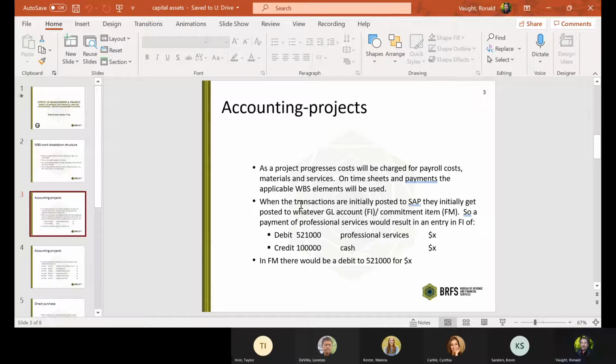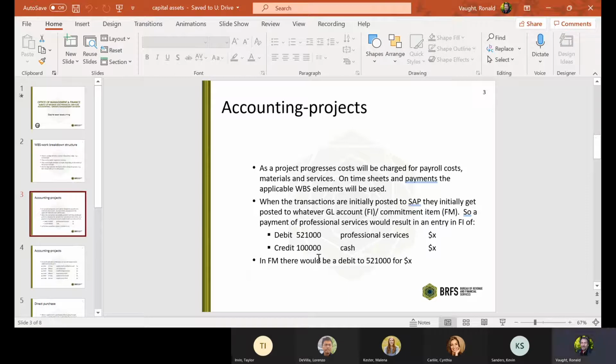And when the transactions are initially posted in SAP, they will initially get posted to whatever GL account in FI and commitment item in FM that they're charged to. So a payment for professional services will result in an entry in FI debiting account 521000 and crediting cash.